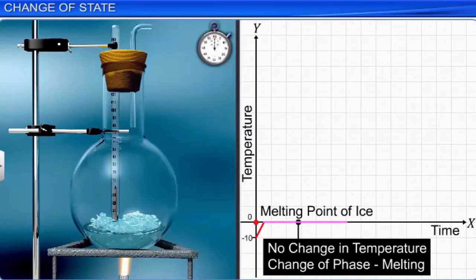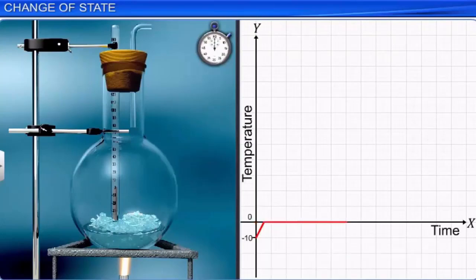The temperature at which the solid and liquid states of a substance are in thermal equilibrium with each other is called melting point. Thus, the melting point of ice is 0 degrees Celsius.